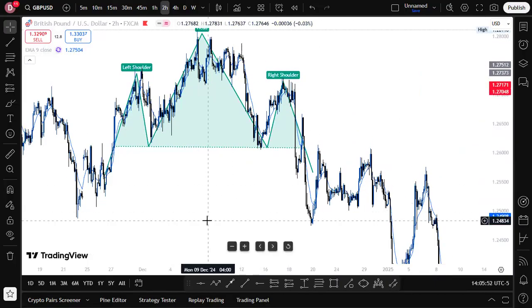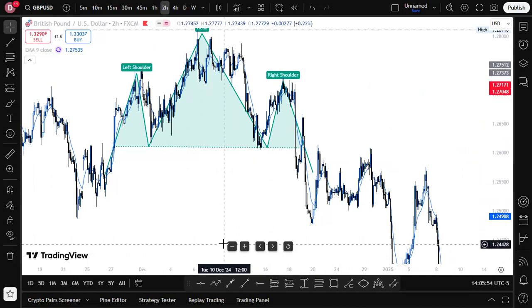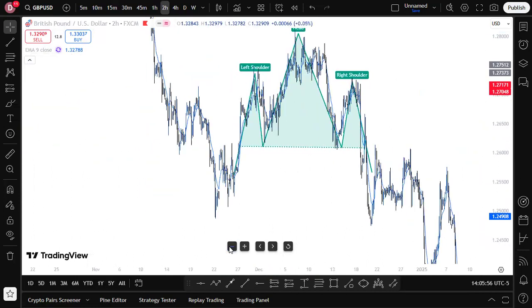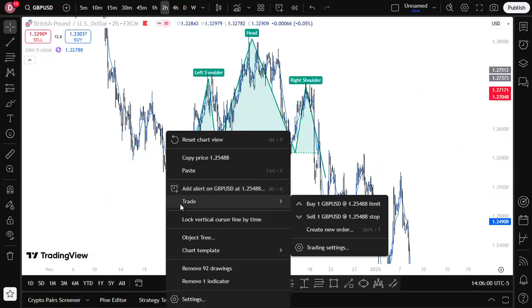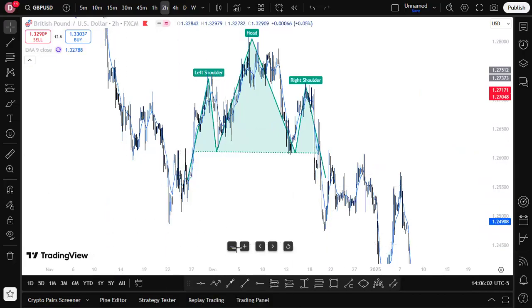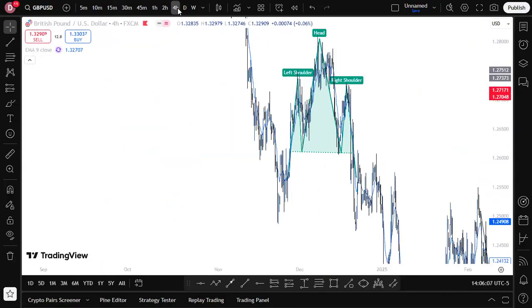You may not really see it clearly like this, but if you look at it, to me it looks like a head and shoulder. Let's see if we can use the 4 hour time frame, maybe you see it more clearly.